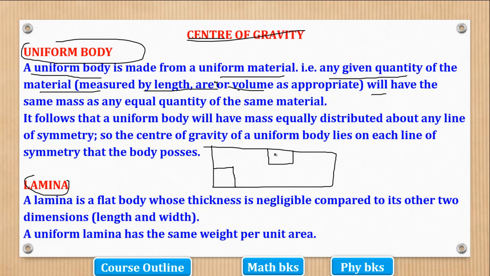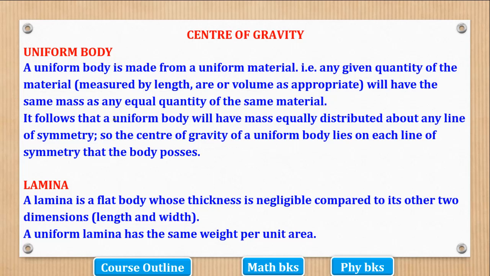Because they are of equal dimensions, they must have the same mass and the same weight. That's what they mean by uniform body. If they are different, it means that the weight of this body is not evenly distributed, meaning that it will be non-uniform. But for our case, we shall only concentrate on uniform bodies.